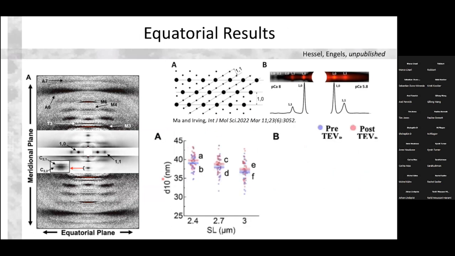But the first thing that we were curious about is the lattice spacing of mice, or what effect the myosin binding protein C has on lattice spacing. And what you see is this is pre in blue and post myosin binding protein C cleavage. And what we see is a small but significant expansion of the lattice structure.